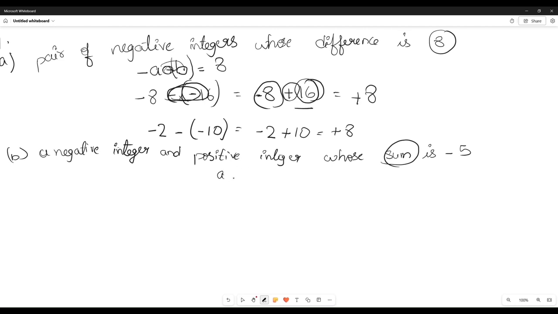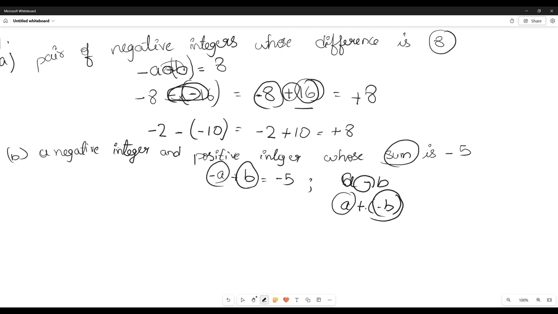So minus a plus b is equal to minus 5. We can write in another method like a minus b. Why I have written it directly, I'll explain. A plus, sum means plus of minus b. We all know plus into minus is minus. That's why I have written directly a minus b.